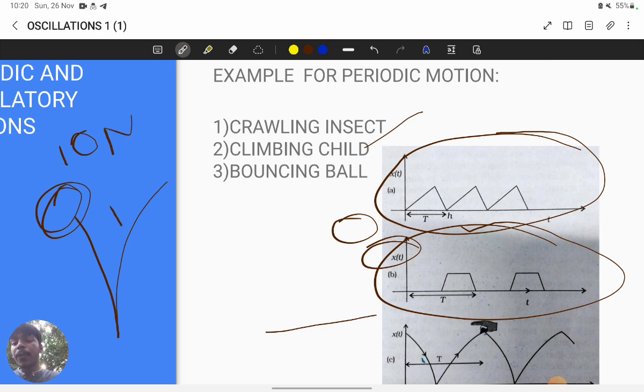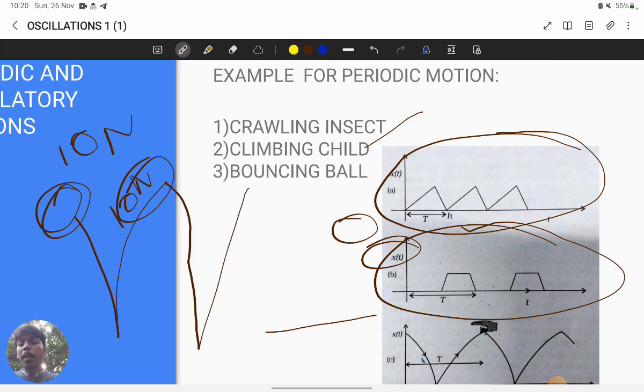It reflects back with 10 newtons or less, because when it touches the ground it releases some energy in the form of sound energy. Sometimes it may not be exactly 10, but this is not required; I am just explaining periodic motion. Again you bounce it to the ground, it touches the ground and bounces up and down.